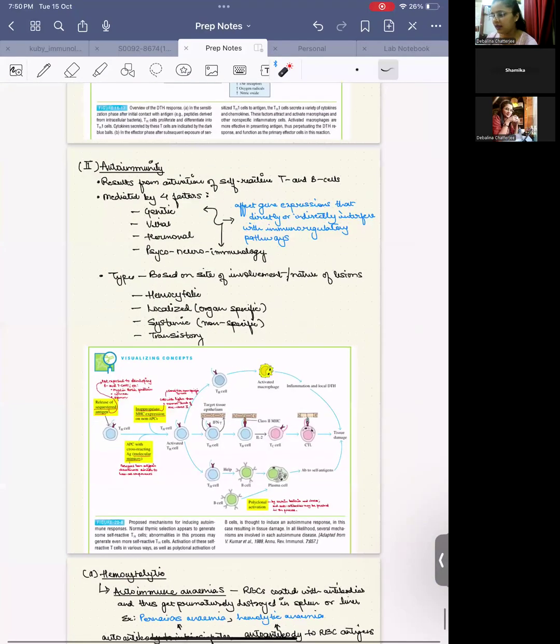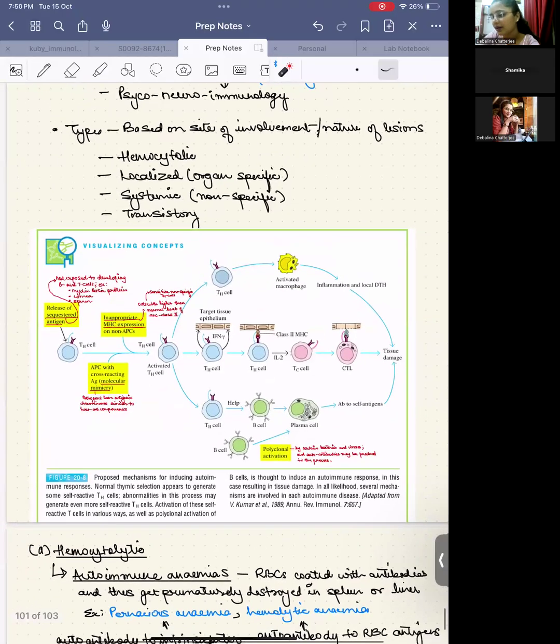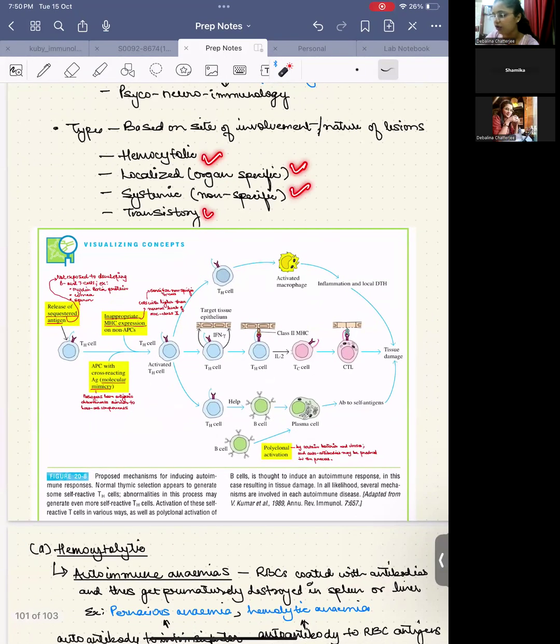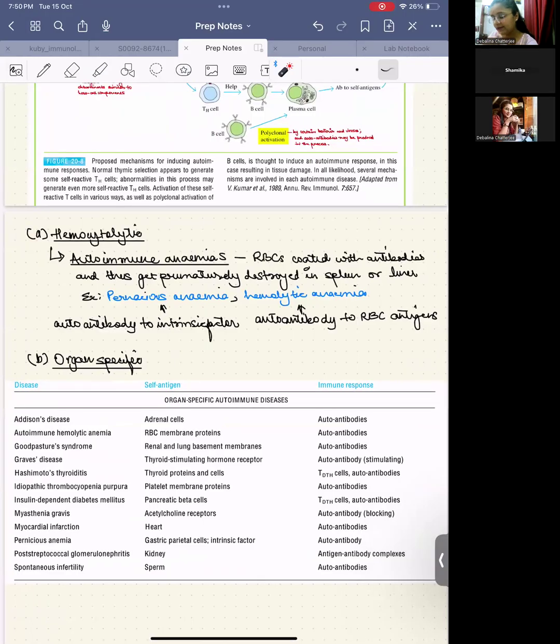Okay. So this was exactly the mechanisms that can be mediating the autoimmune responses, and let's quickly get into the types of autoimmune responses. So hemolytic, again as the name suggests, there's some sort of hemolysis happening, and hemolysis means some lysis of the blood cells.